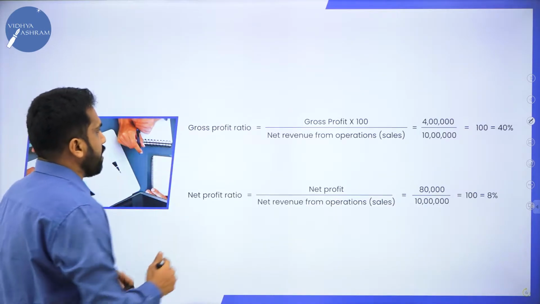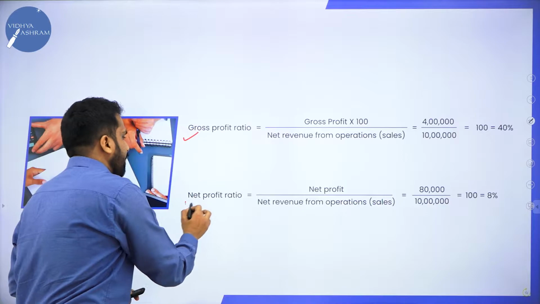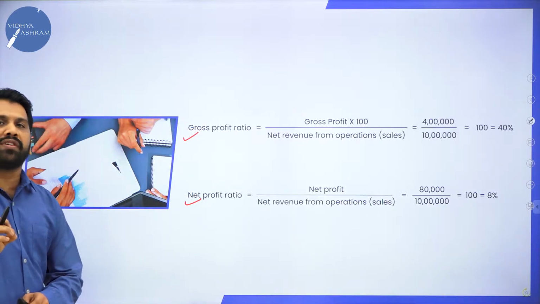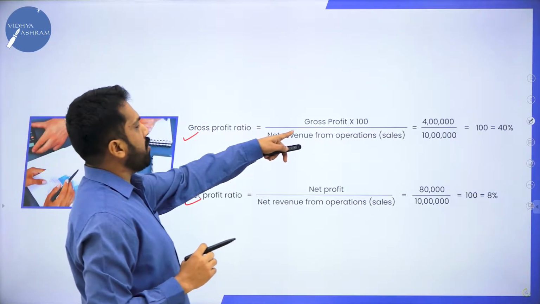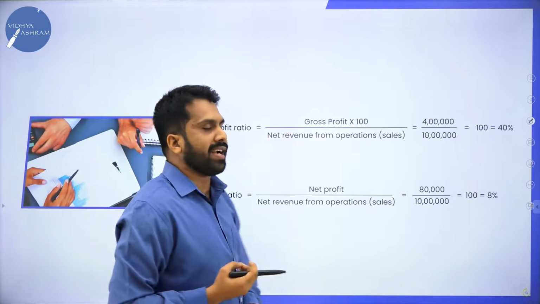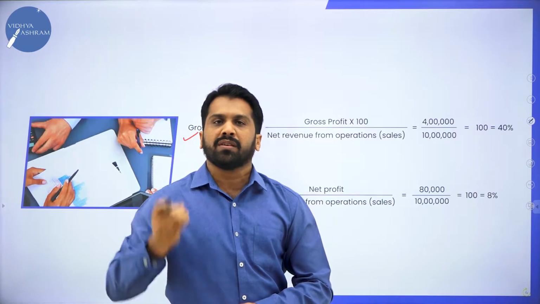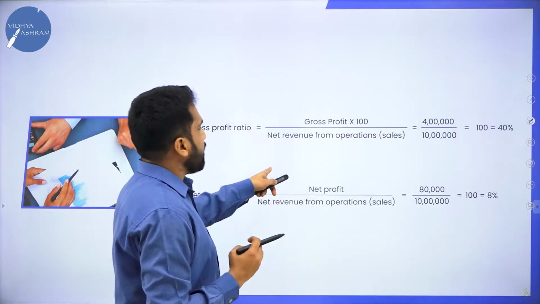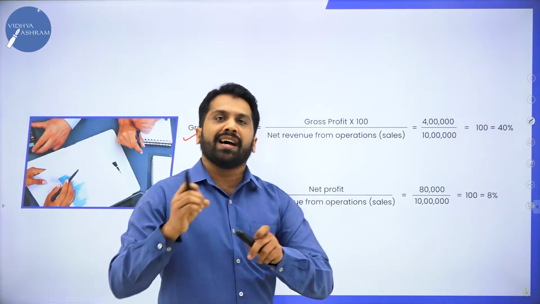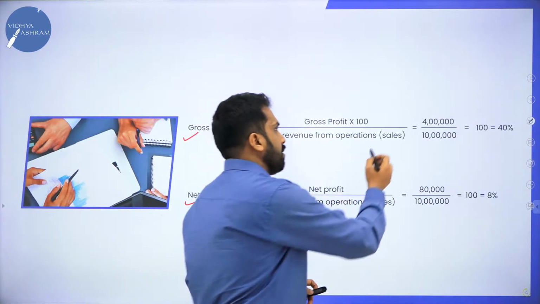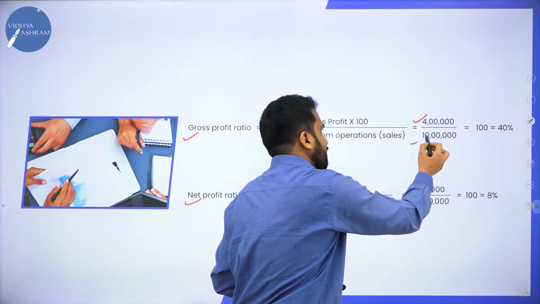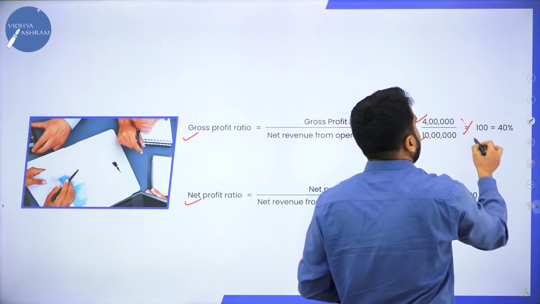See, your gross profit ratio as well as net profit ratio. Now, you know the formula: gross profit divided by net revenue from operation. Always remember, net revenue from operation and sales are both the same. As you know, it is 4 lakh, 10 lakh multiplied by 100.